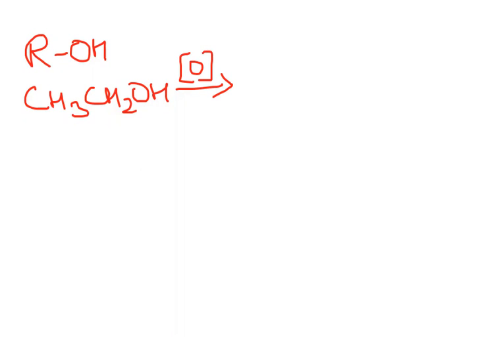So in presence of K2Cr2O7, that is K2Cr2O7 in presence of an acidic medium, it is first going to get oxidized to RCHO, that is the aldehyde. What happens is, actually in this case, there is removal of 2 hydrogen.